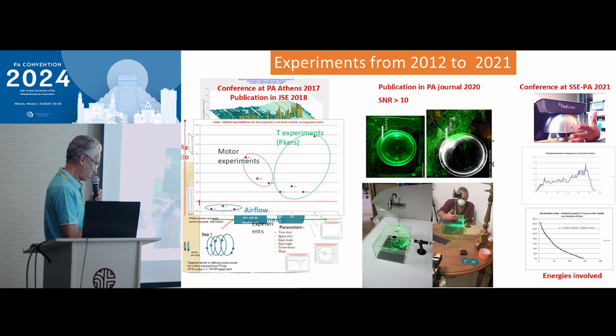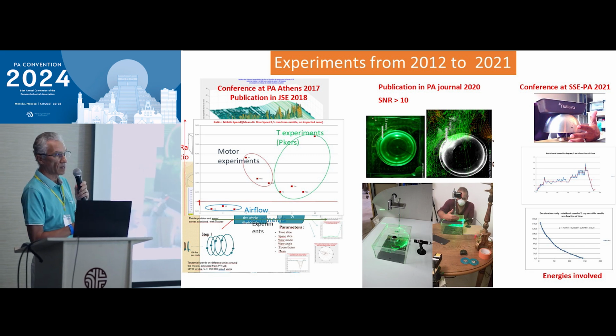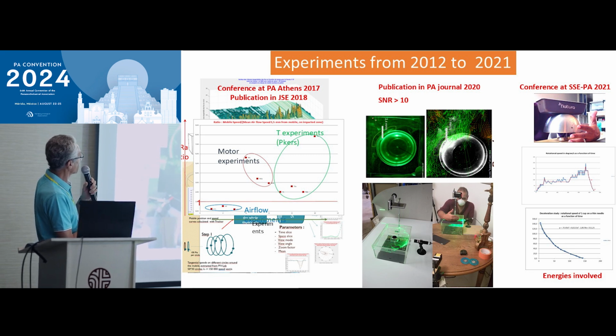From this, with some image processing, we were able to calculate the speed vector of the airflow around the target. Then, with some software and math tools, we were able to build a 3D approach of the airflow around the target.